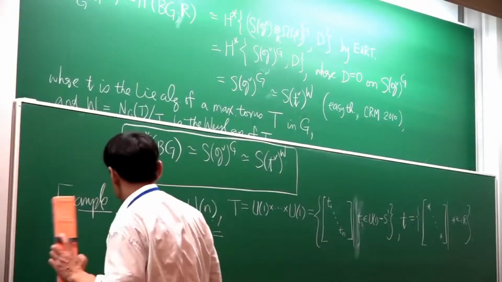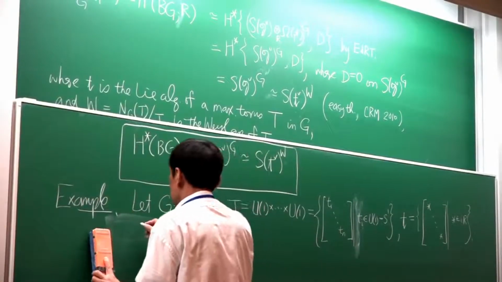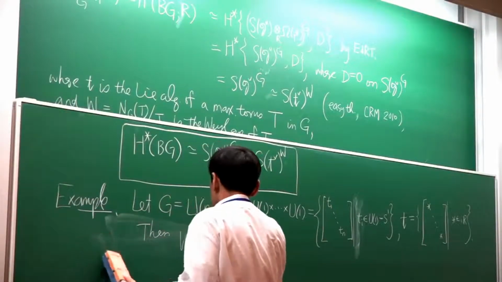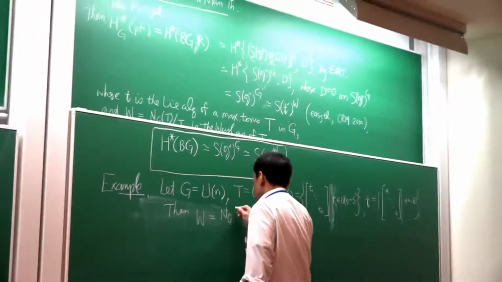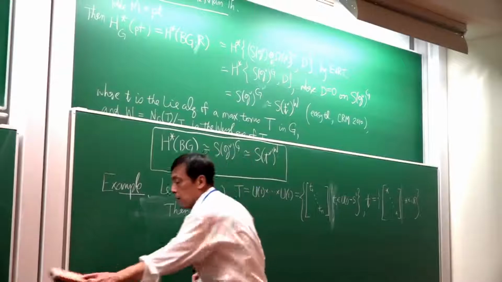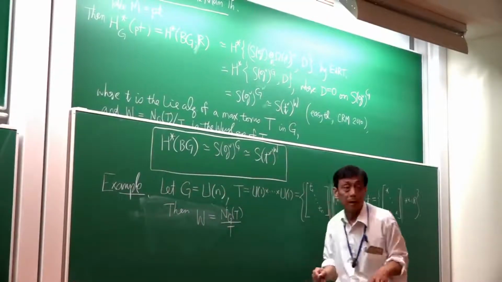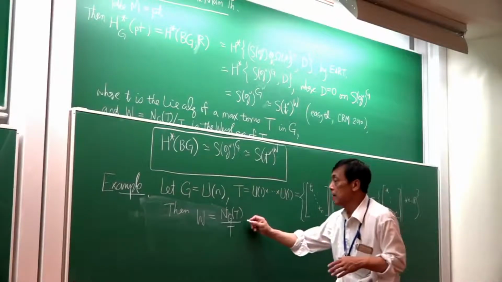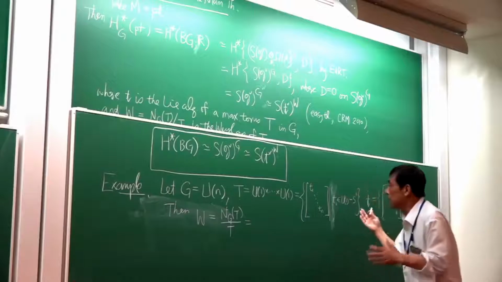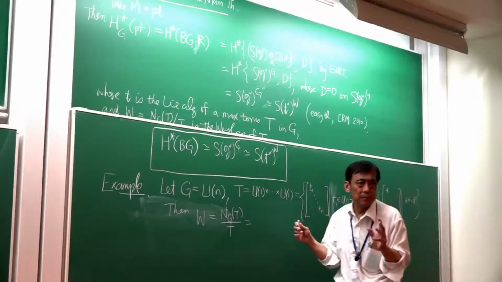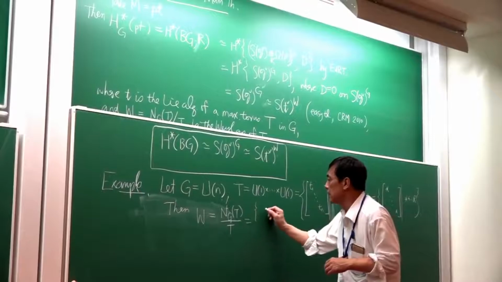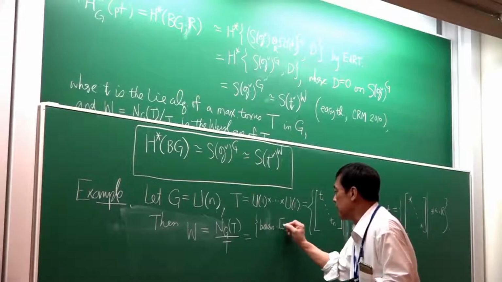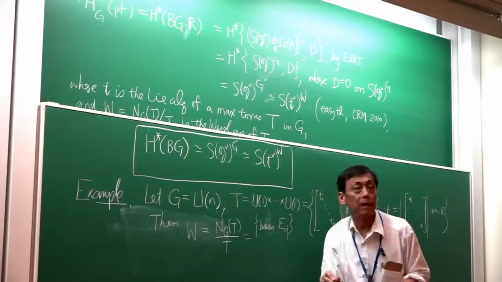And then the Weyl group. Okay, it's a normalizer over the maximal torus, and the normalizer consists of the elementary permutation matrices. So it has a basis that's E_ij. Okay?